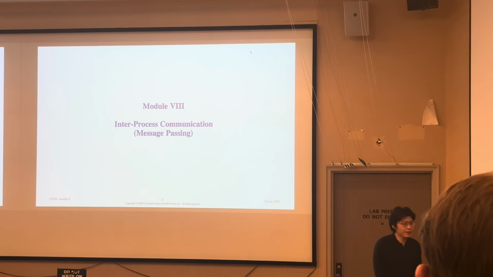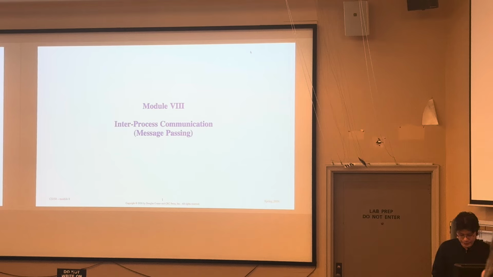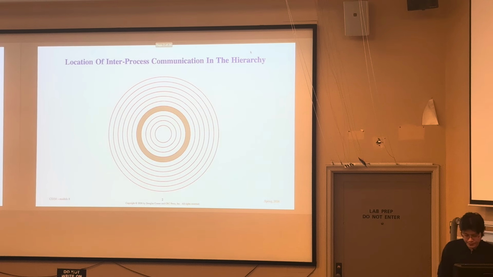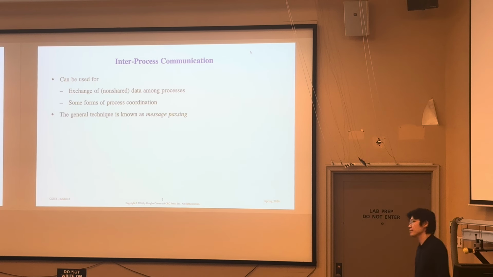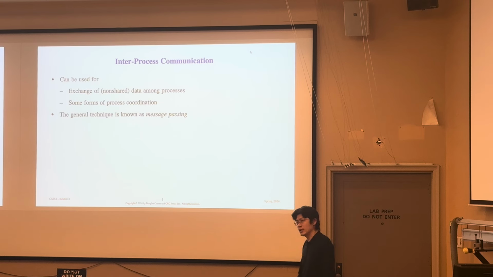All right. Inter-process communication. We explained this at a high level, right? The processes that are running concurrently in the operating system need to communicate with each other in order to cooperate.